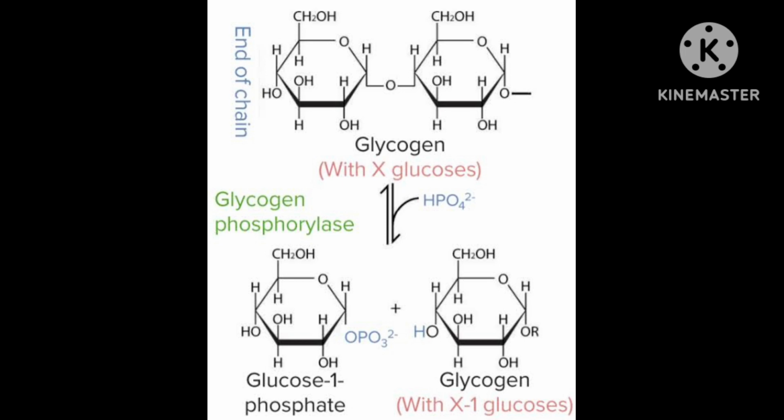Now one example, the last example I am telling you, that is of glycogen. This is also a polysaccharide, the third example I am telling now. First I told starch, second cellulose, and now I am telling you glycogen. Where is glycogen found? I will tell you, very important things.